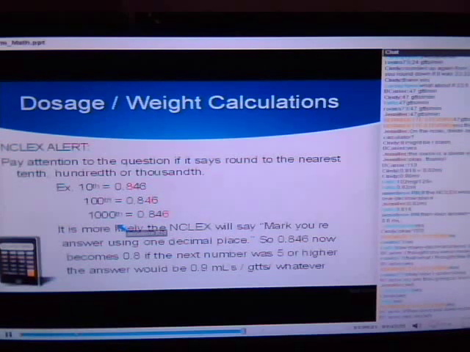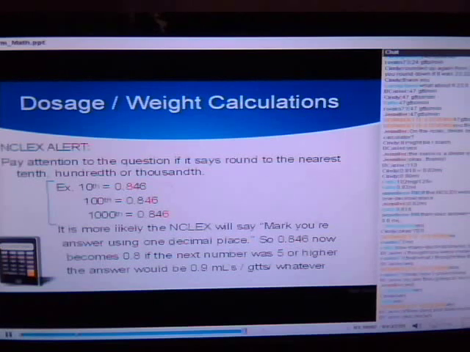This is what I was trying to explain to everybody who asked me earlier. So, if the answer was 0.846, now it becomes 0.8. If the next number was 5 or higher, the answer would have been 0.9 milliliters or drops or whatever the question was asking.